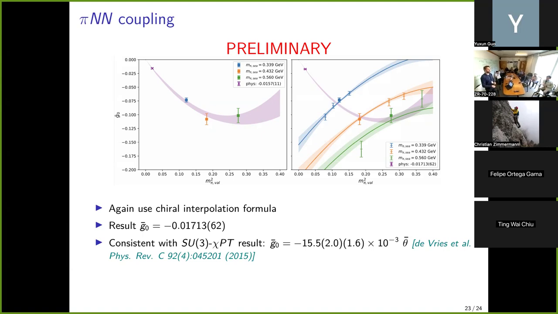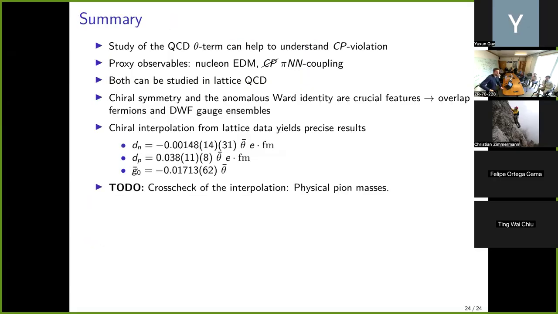Sorry, I did not get it. You said extrapolate to physical pion mass. Is that C or valence you're referring to? For both, yes, on an ensemble with physical C quark, and we want to also have the valence quark.